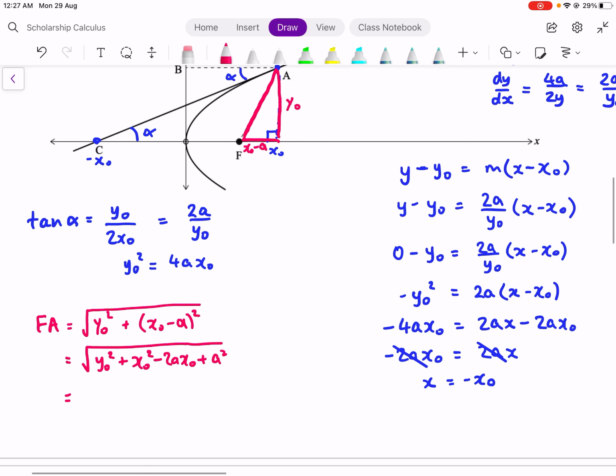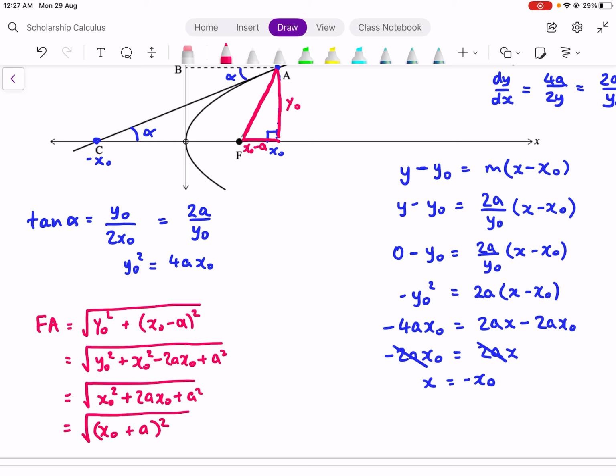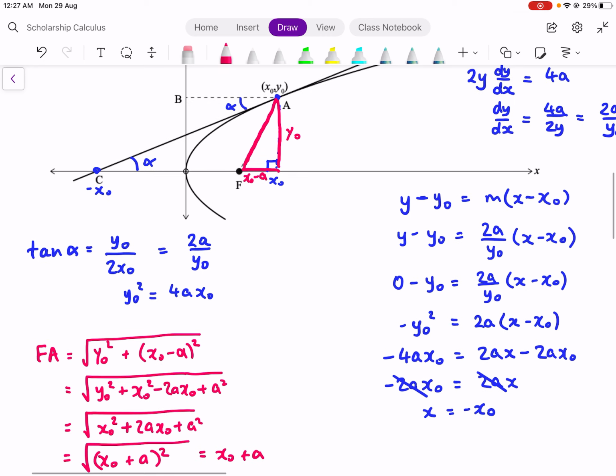And I know that y naught squared is 4ax naught like earlier, so I get some like terms in there, and that's a perfect square, and therefore the length is x naught plus a. So this length here is x naught plus a.